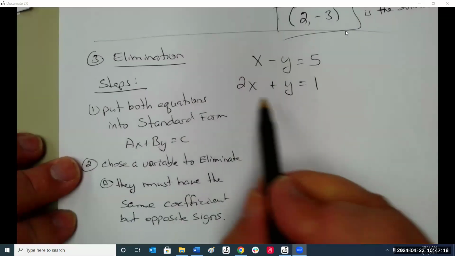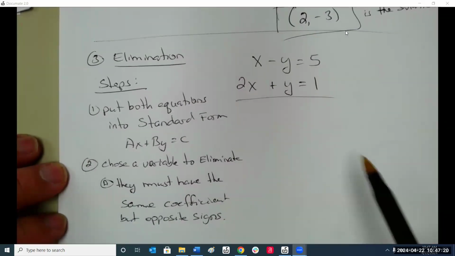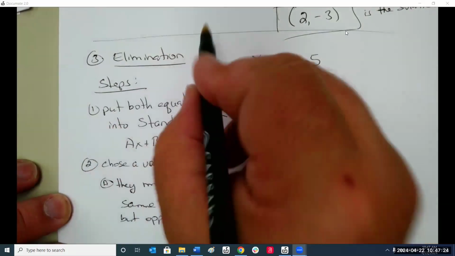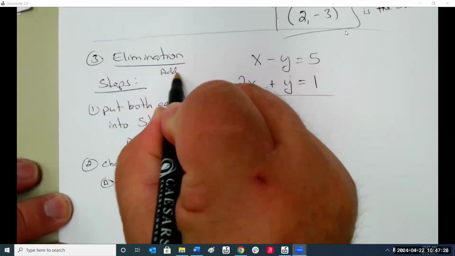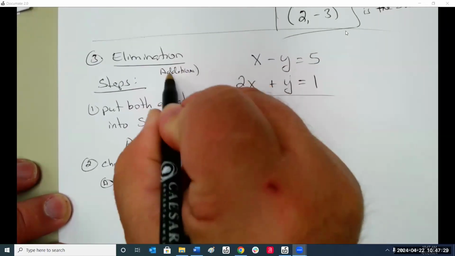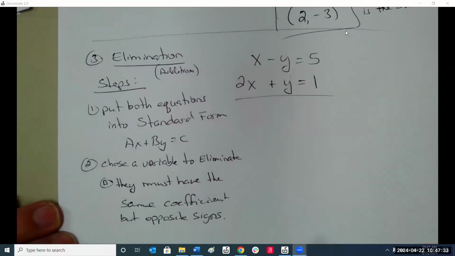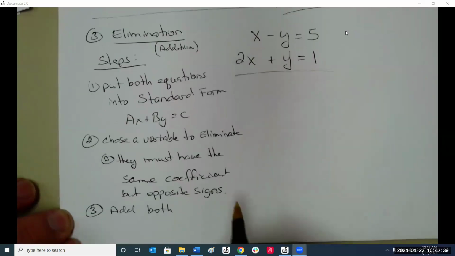So we look at our equations. The one we get rid of would obviously be y, because the elimination method is also called the addition method. Because what we're going to do now is add both equations.